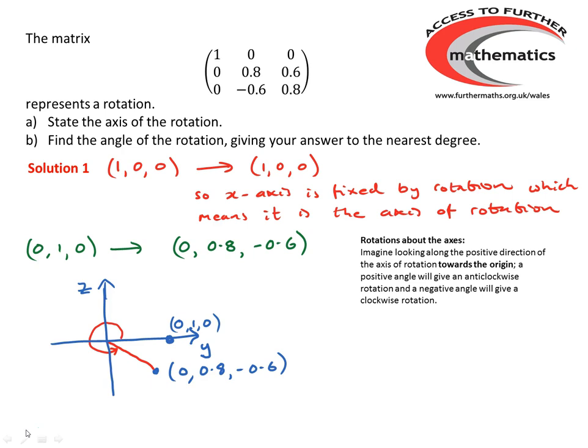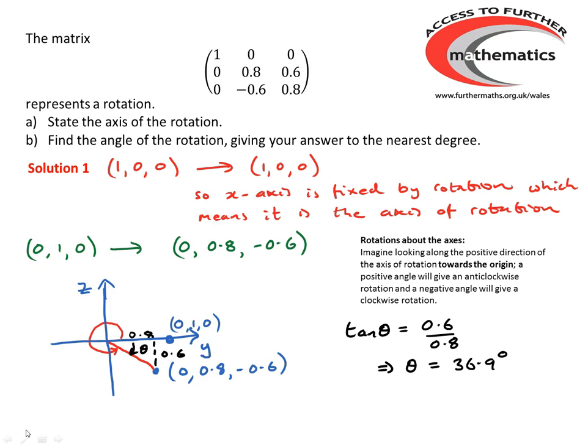To calculate this reflex angle, it's much easier in fact to calculate the acute angle, and for that acute angle we have a movement in the y direction of 0.8 and a movement in the z direction of 0.6, so we can say that tan theta is 0.6 divided by 0.8, so theta is 36.9 degrees.